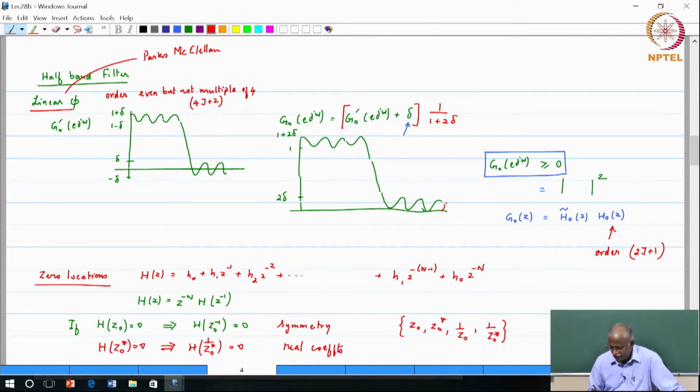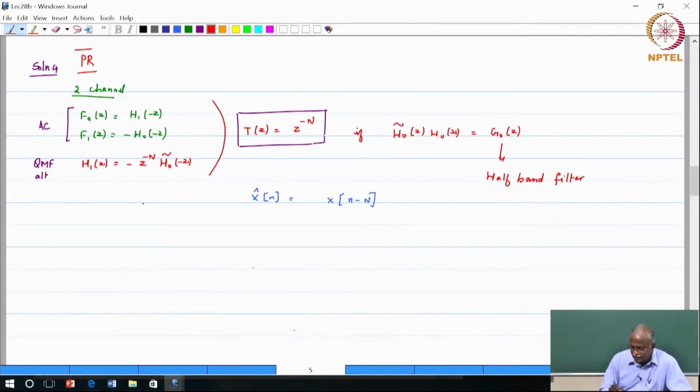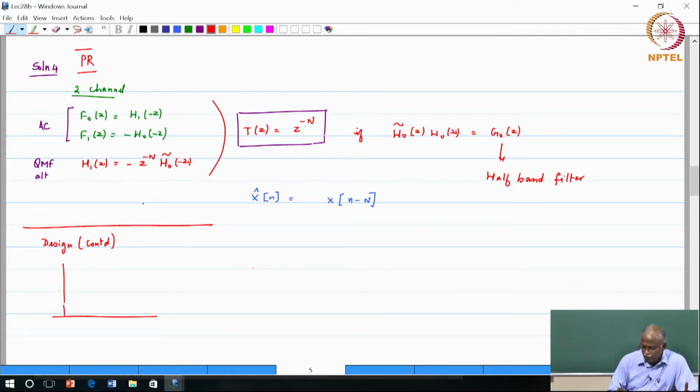One last point about the design process. So this is the design continued, more of a closing comment. Now what is your upper limit? What is the peak value that you are seeing here? That is 1 plus 2 delta, okay, and the stop band is also 2 delta. Those are the two values.